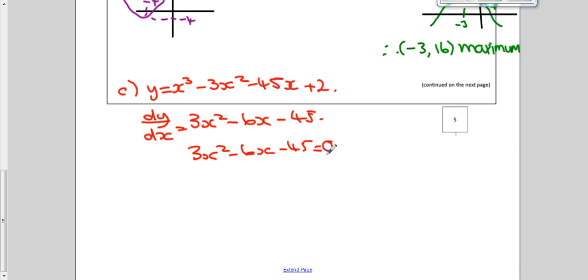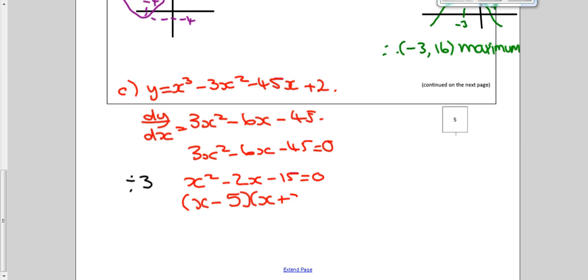Well, all of these values divide by 3, so I'm going to divide the whole thing through by 3, which will give me x squared minus 2x minus 15 equals 0. And I can easily factorise this, so I end up with x minus 5, x plus 3 equals 0.